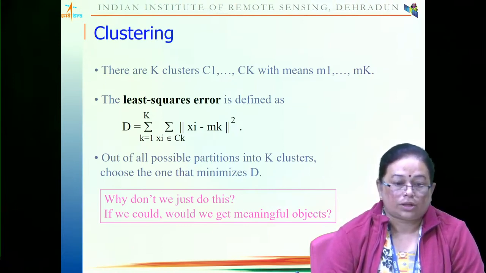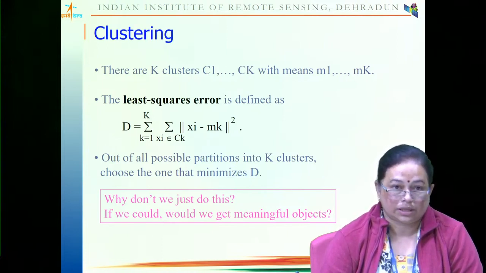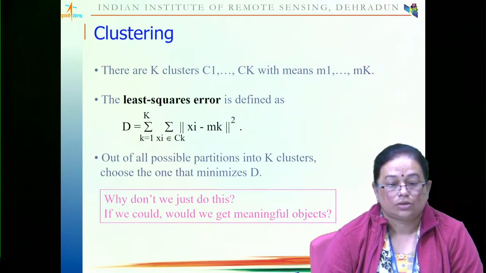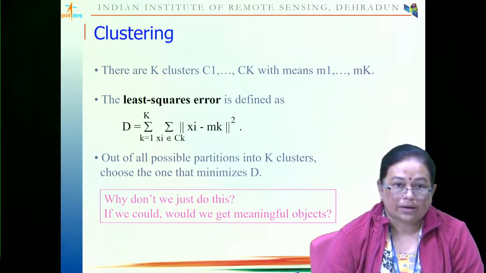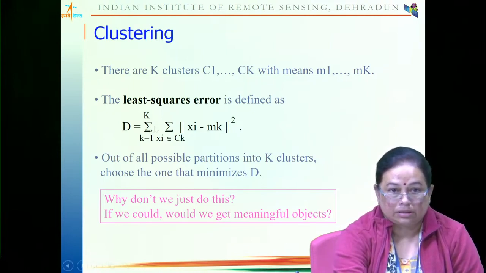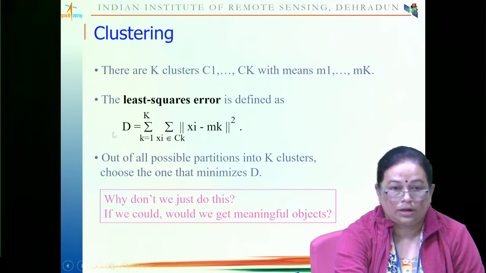Now, for the clustering methods, we take K clusters, ranging from C1 to Cn with corresponding mean values. Then the least square error will be defined by this equation, and out of all the possible partitions into K clusters, one has to choose the one which minimizes the least square error, or D value.